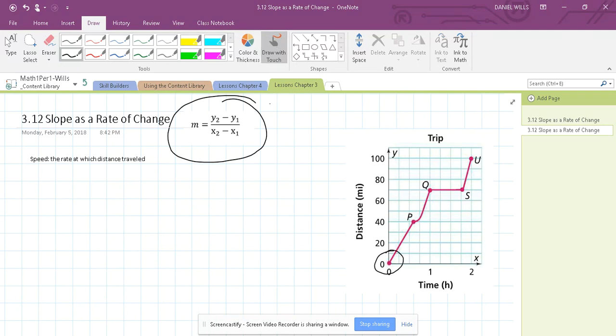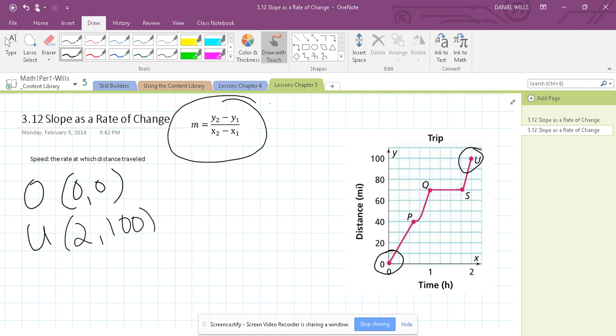And your end point, in this case, is point U, and that is located at 2, 100. So first, let's collect our point data. I'm going to call the origin or the start point O, and that's at 0, 0. And then we have point U, which is 2, 100.